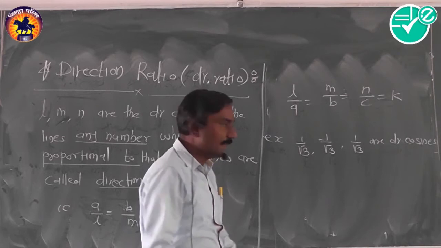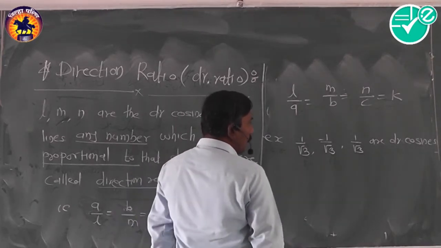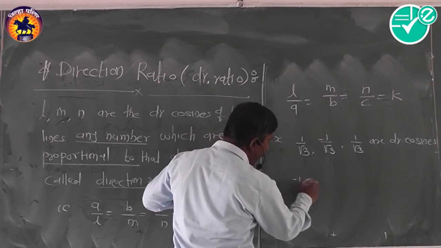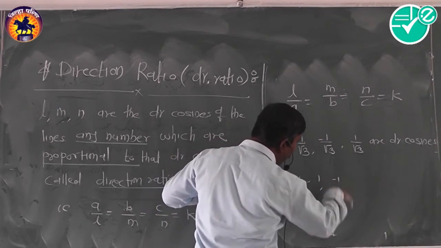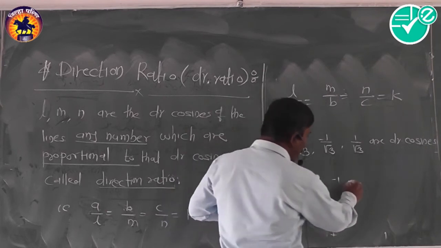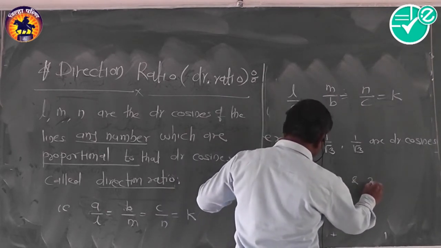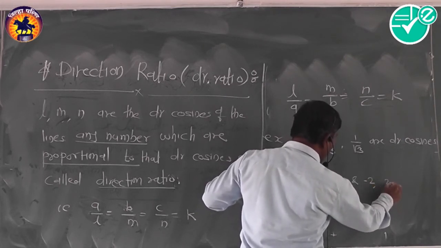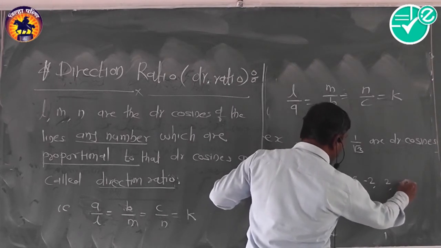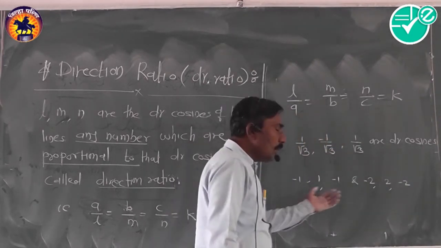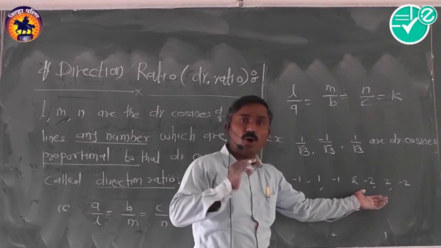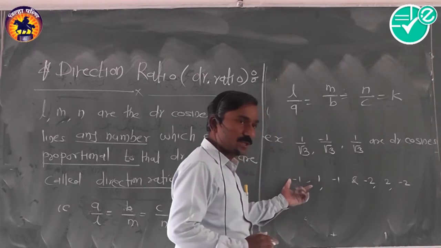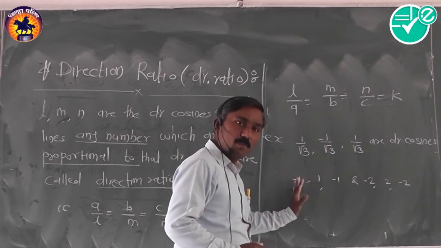Therefore, minus 1, 1 and minus 1, and 2, minus 2, 2, minus 2 are also direction ratios of that line because they are proportional.